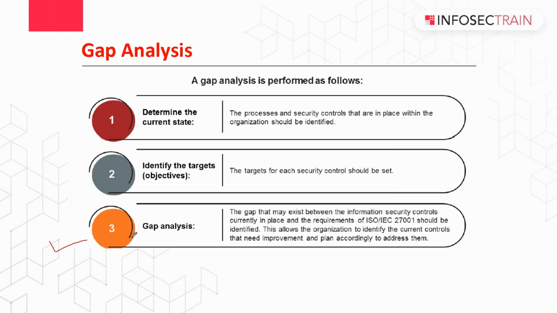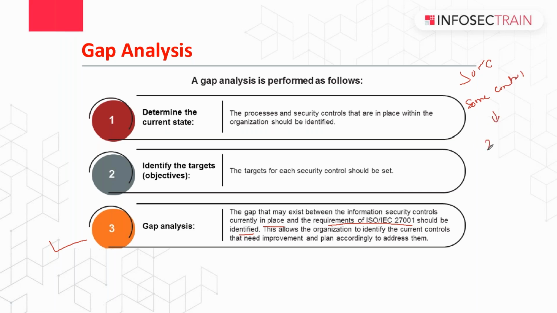After that, perform a gap analysis. The gap between the information security controls currently in place and the requirements of ISO 27001 should be identified. My organization has already implemented some controls.